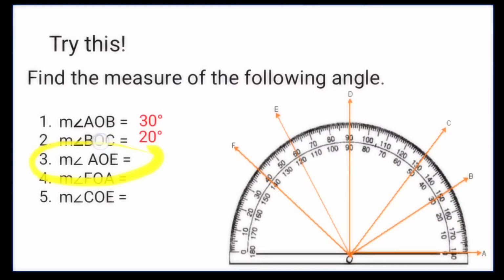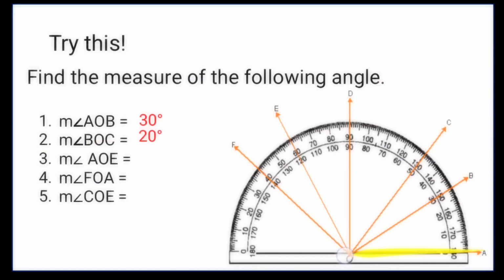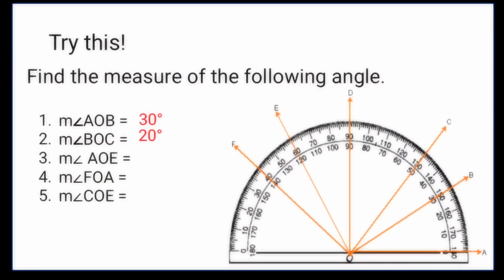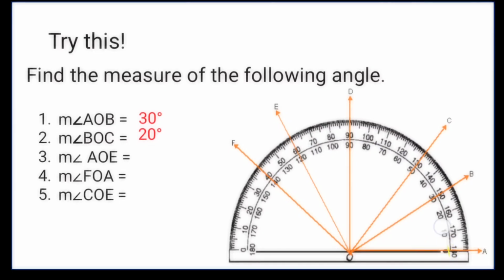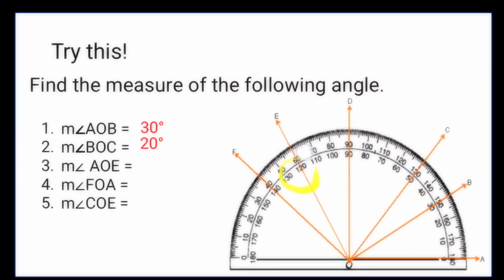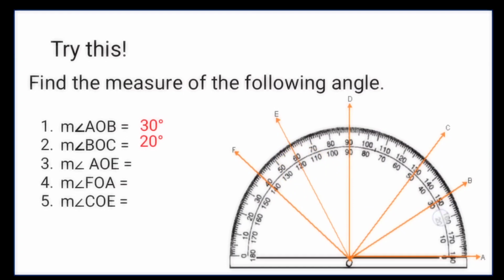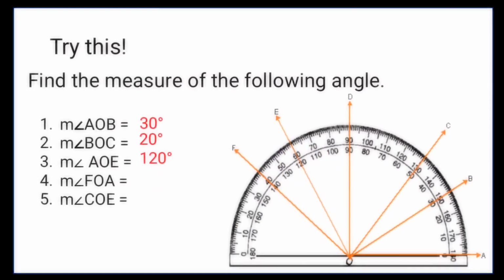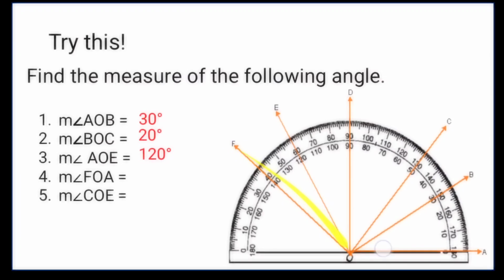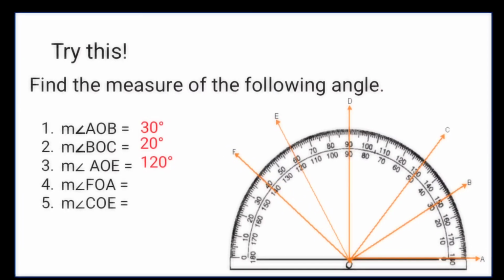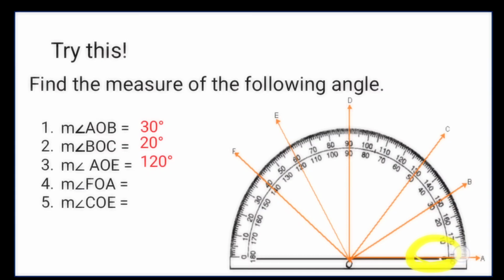Measure of angle AOE, we have AOE. So the 0 degree marking is at the inner scale. Therefore, our answer here is 120 degrees. Number 4, measure of angle FOA. FOA, our 0 degree marking is at the inner scale.